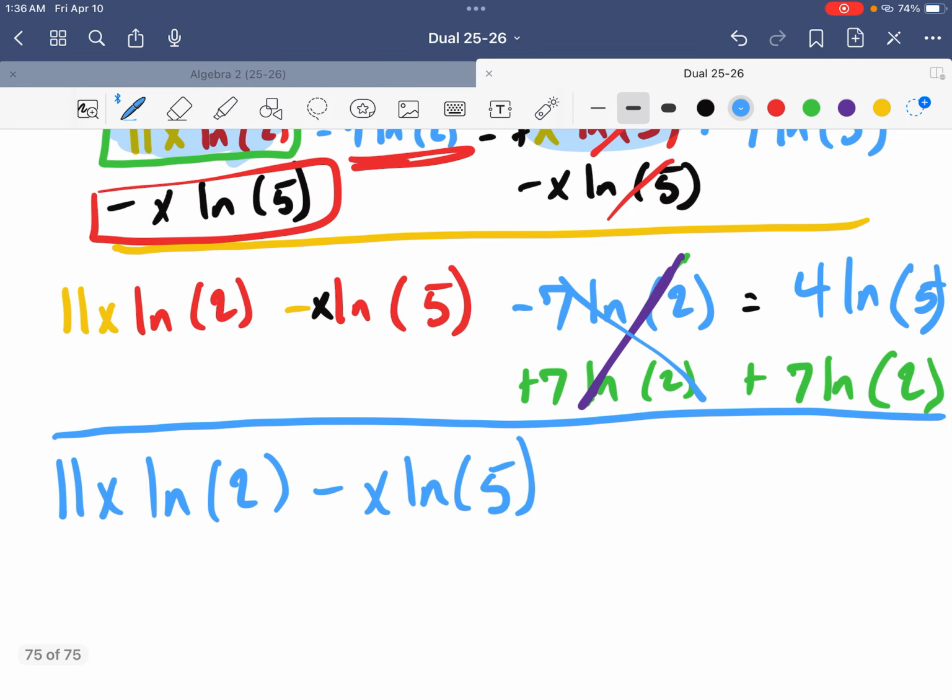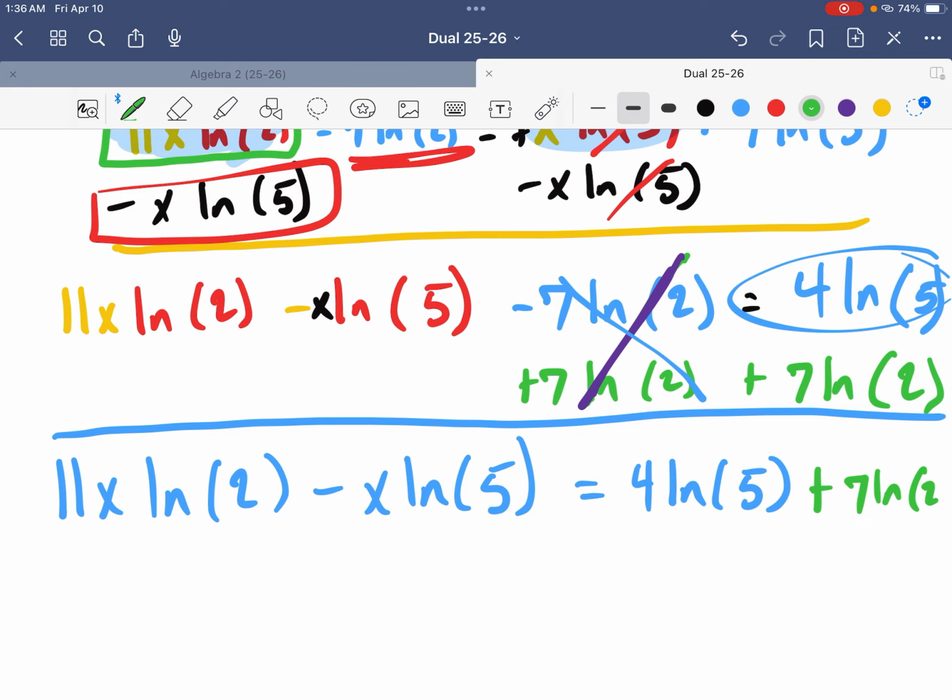So now I have equals 4 ln5, and then I got plus 7 ln2. Now, right here, don't start thinking you can add. So it looks like 4 plus 7 makes 11, and 5 plus 2 makes 7. No, don't do that. Leave them alone. They're different numbers.